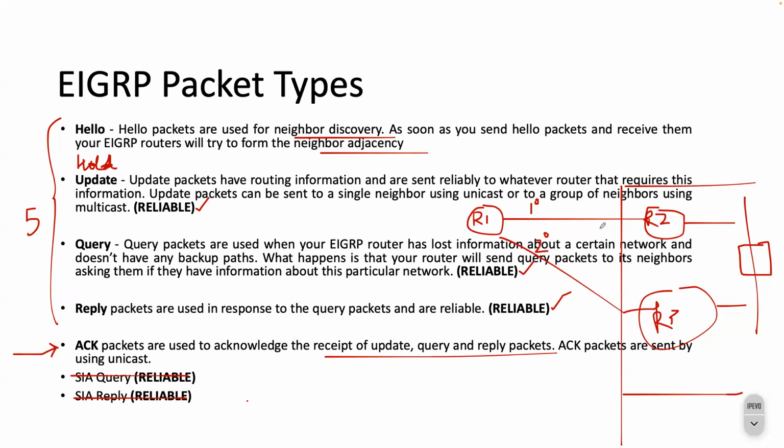After each hello interval, you are checking whether R1 and R2 are reachable or not. Same way on R1 and R3. The purpose is to check the liveliness of this neighborship or adjacency. As soon as it goes down, it takes the hold down timer of 15 seconds to move the traffic to the secondary link.